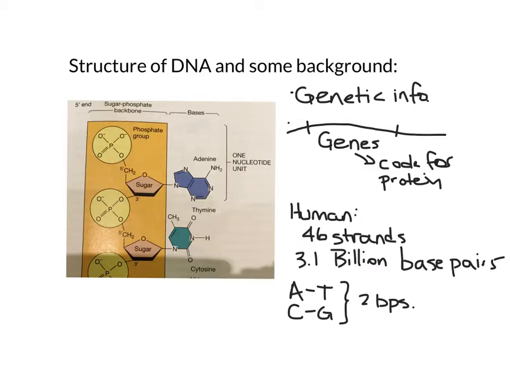I'm circling in yellow half of a base pair. And so when you look at the A on this side, what you're getting is made up of those 3 points.